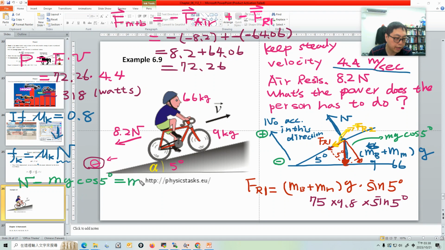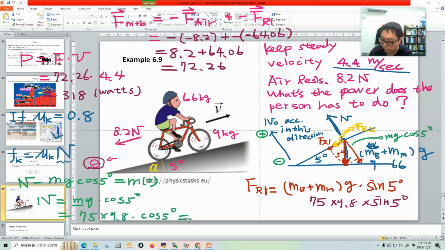So m times a, and a is 0. So your normal force is mg cosine 5 degrees, where m is the total mass of the man and the bike, 75, times 9.8 times cosine 5 degrees.